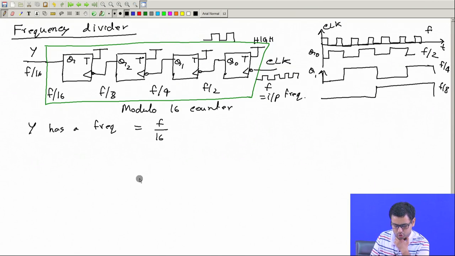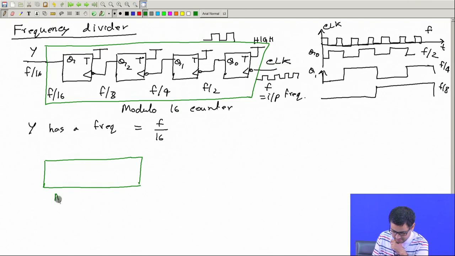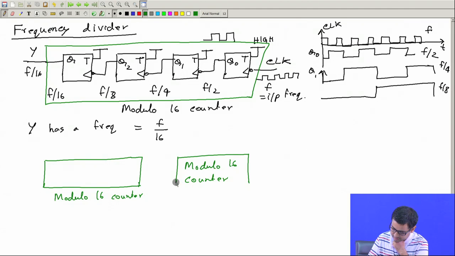Now what you can do is connect a number of these modulo 16 counters in cascade. Take one modulo 16 counter, this entire thing. Take another modulo 16 counter, which is also the same as this entire thing.